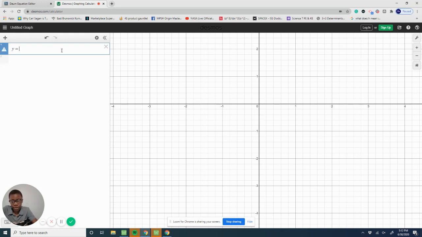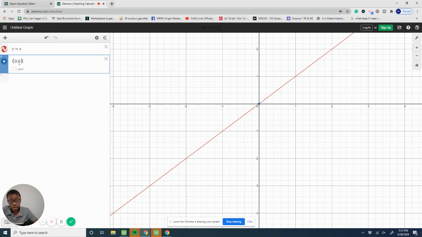I'm going to start with the most basic equation, y equals x. Proportional equations always start at the origin. Let me quickly define the origin. It's the center of the coordinate plane, right in the middle: 0 on the x-axis and 0 on the y-axis. All proportional equations cross this.